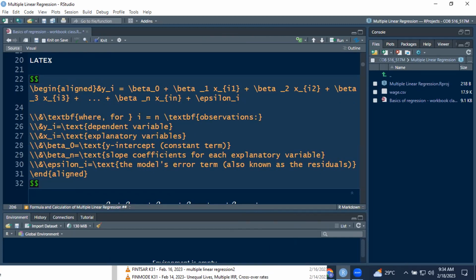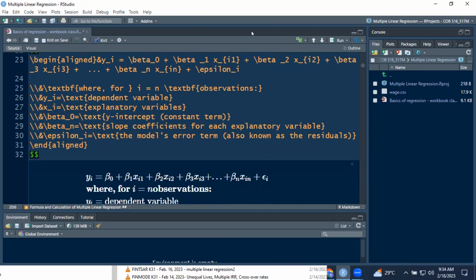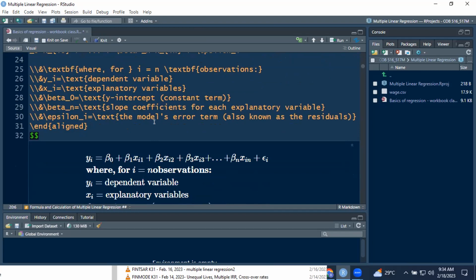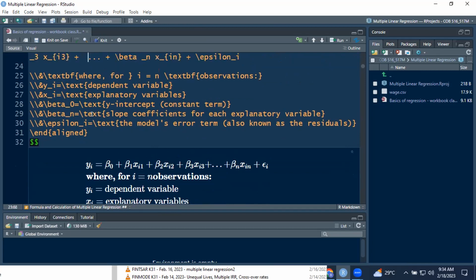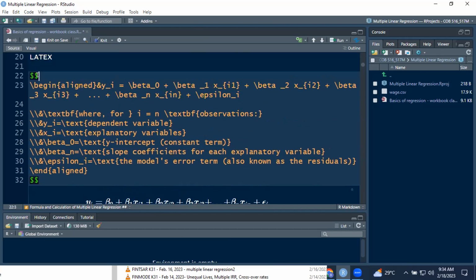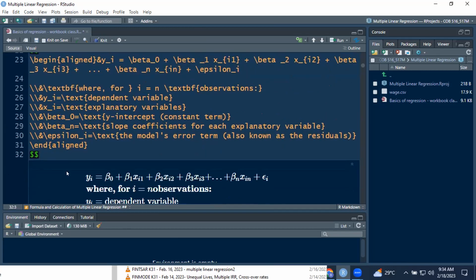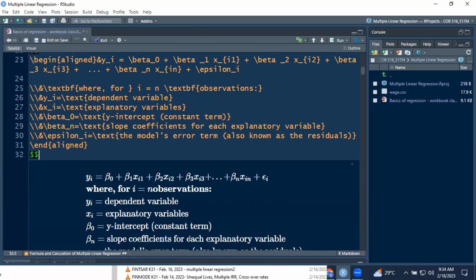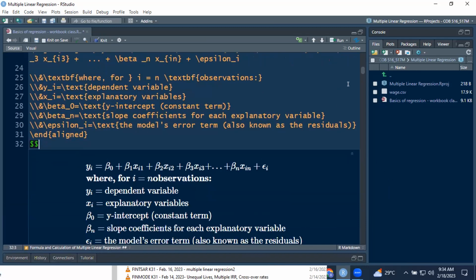So it's not the Roman X. I will not be discussing this, but you can do some research about how to write equations like this. Just suffice it to say that I began with $$ signs and ended with $$ signs, so that means this is the start and this is the end. Here, begin aligned, so everything is aligned below. Anyway, what's important is the content.